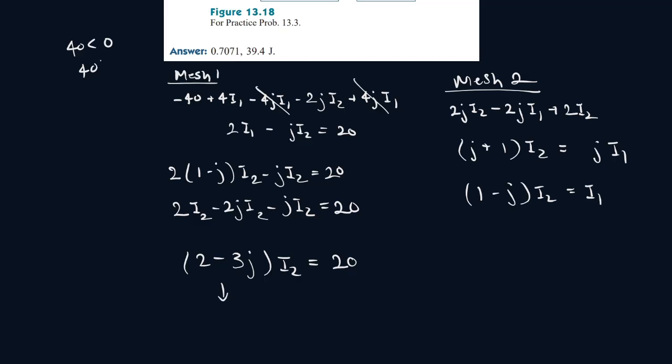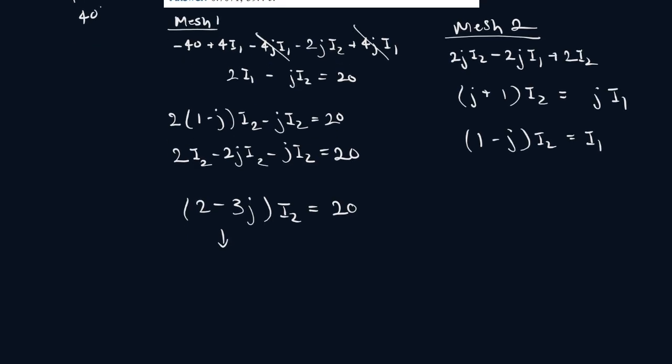Get this in phasor format, which is square root of 13 phasor minus 56.309 degrees times I2 equals 20.